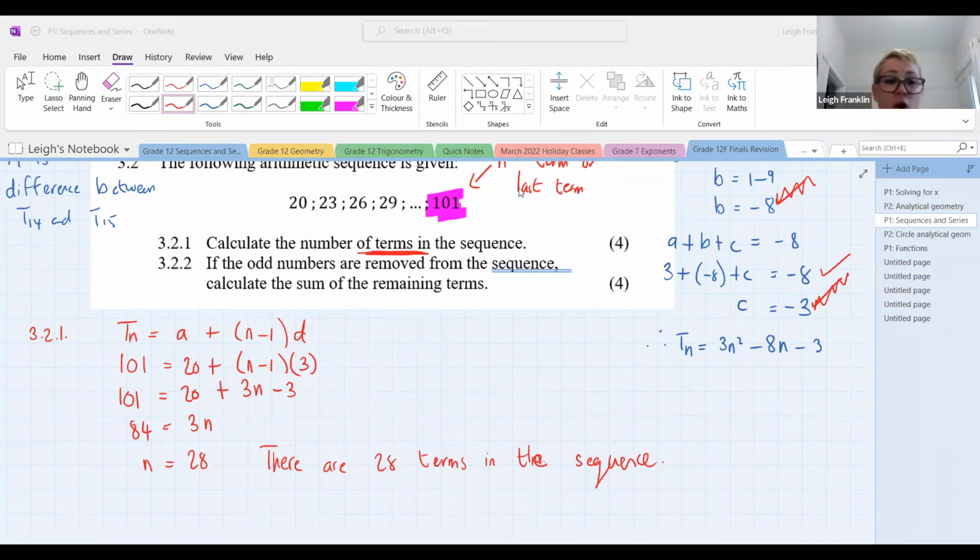Either they can be odd or they can be even. Yes, Nick, it is an SN question. Yes, quite right. You've got to use the SN formula. But numbers can either be odd or even, right? They can't be anything else. So if they remove the odd numbers from the sequence, what's left over?